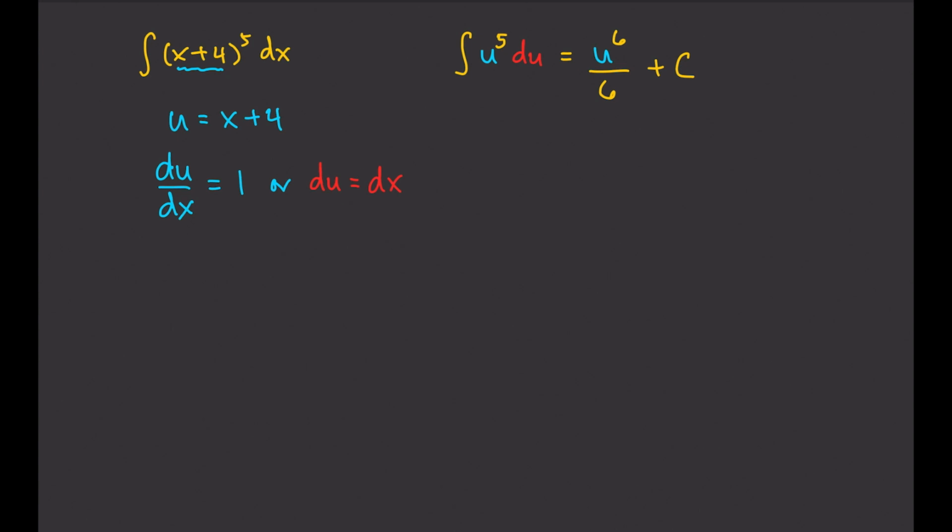And now we have to substitute back the value of u, which is x plus 4. So that will be (x plus 4) to the sixth, over 6, plus c. And that is the answer. That's the antiderivative of (x plus 4) to the fifth.